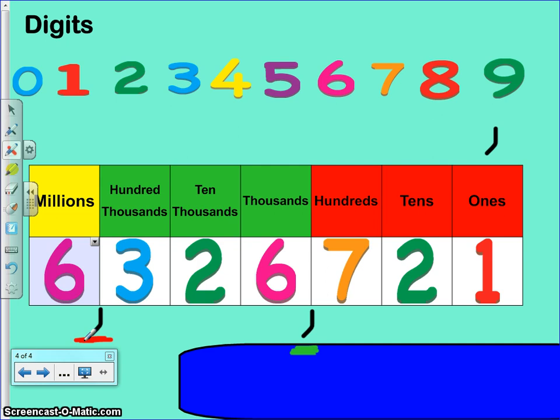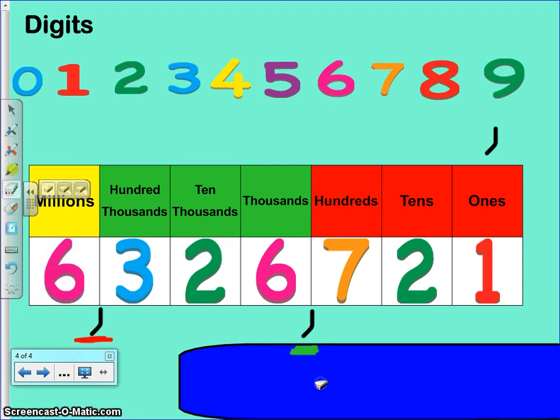So I have to teach myself that whenever I see two commas, the first comma that's in green represents the thousands period, and that second comma that's in red is going to be the millions period. And so anything that comes before that comma, I read as million. Then anything that comes after that, before my green comma, would be thousand. And then I finish off the number like I normally would. And I can cover everything up.